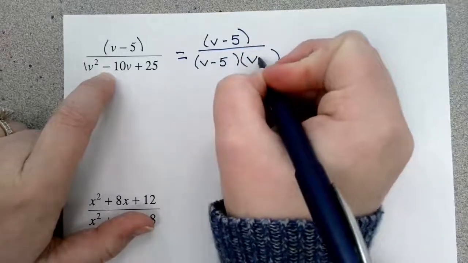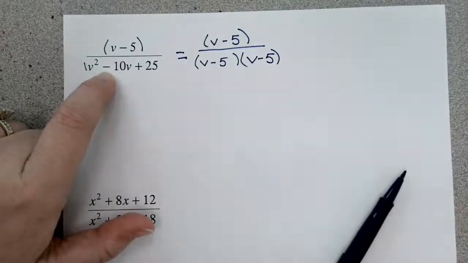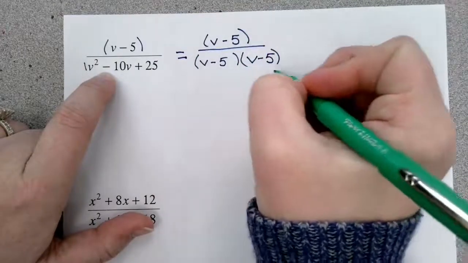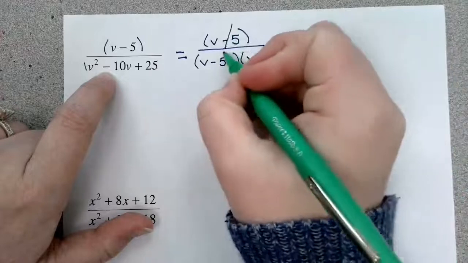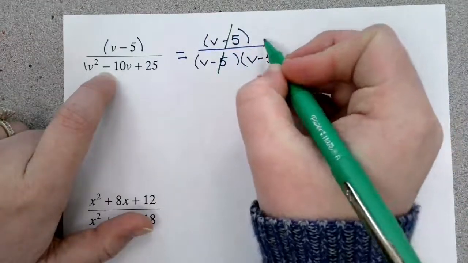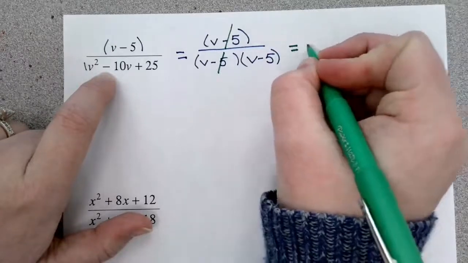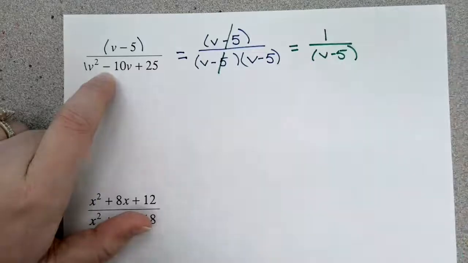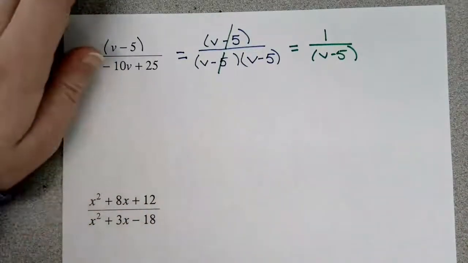A negative 5 and a negative 5. Since I have 1 up top and 2 on the bottom, I can take 1 away up top and 1 away on the bottom. I can't get rid of this guy. There's nobody to simplify it with on top. So that v minus 5 stays on the bottom, and I need a placeholder of 1 on the top.